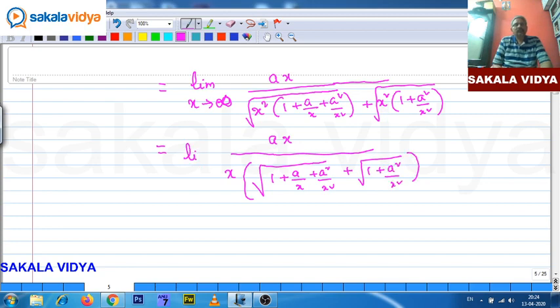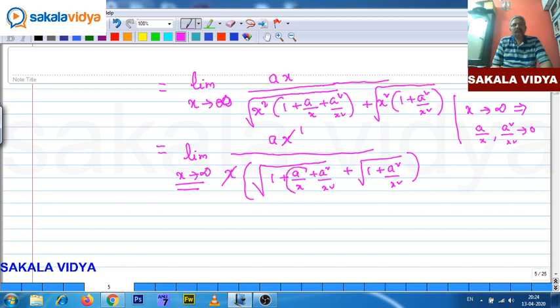So limit x tends to infinity, now x gets cancelled. As x tends to infinity, a by x and a square by x square tend to 0.